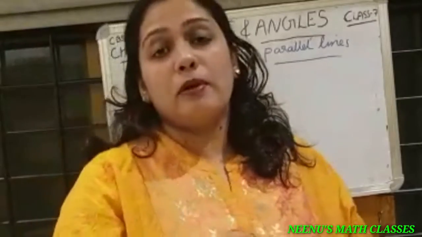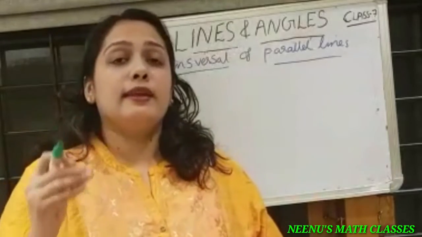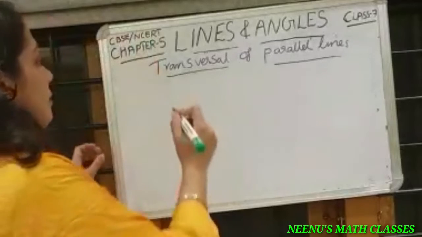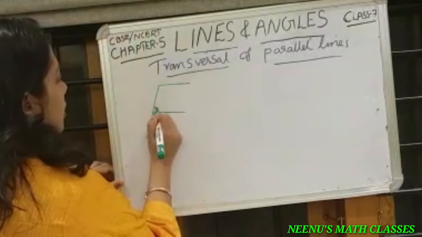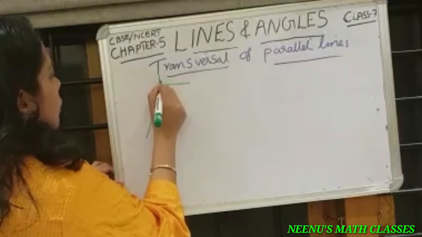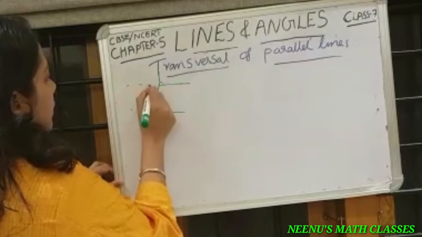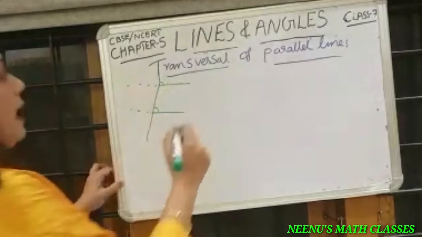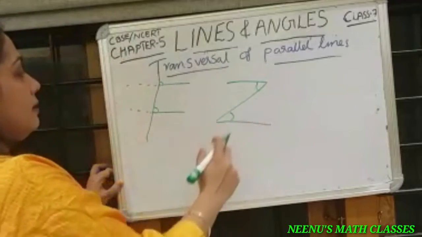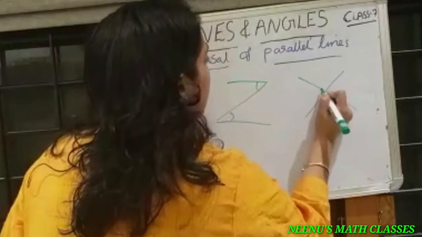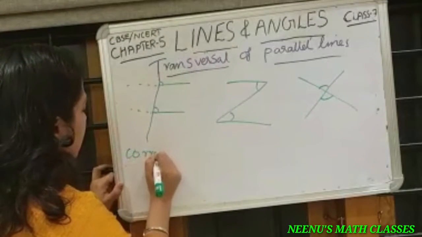You can easily remember corresponding angles, vertically opposite angles, and alternate interior angles by using some shapes. The F shape represents the corresponding angles, the Z shape represents alternate interior angles, and the X represents vertically opposite angles.